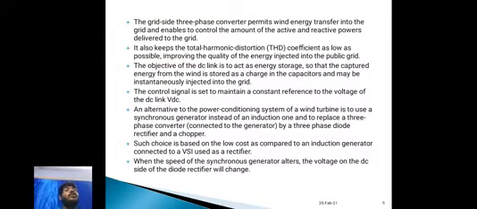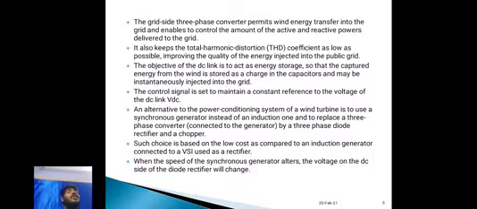An alternative power conditioning system for a wind turbine uses a synchronous generator instead of an induction one, with a three-phase converter replaced by a three-phase diode rectifier and a chopper. Such a choice is based on low cost compared to an induction generator connected to a voltage source inverter used as a rectifier.